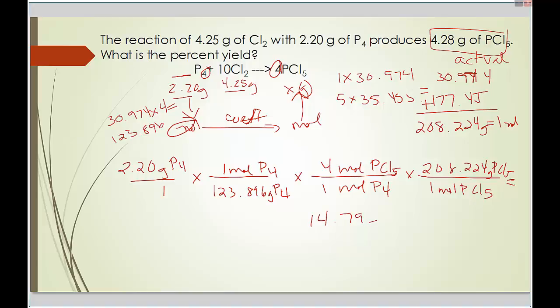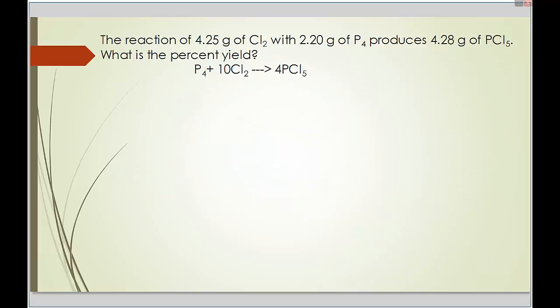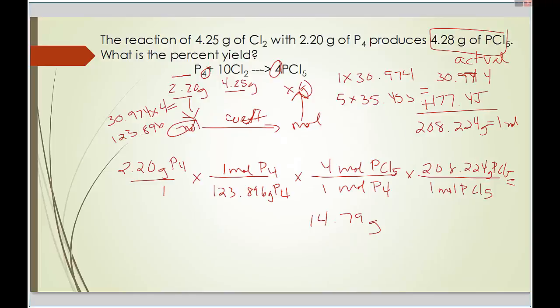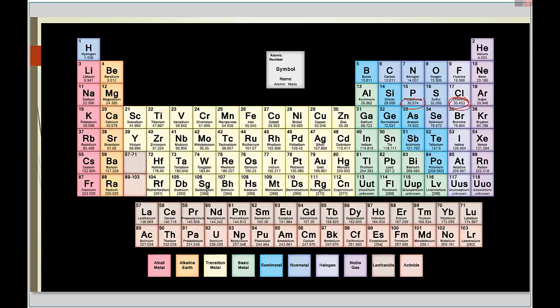Now we're going to do the exact same question, except we're going to be focusing on chlorine this time. So we're starting off with 4.25 grams of chlorine, and we're trying to figure out how many grams of PCl5. So I see grams. In order to get to moles, I need to look at the molar mass of Cl2. When I look at the periodic table, it's 35.453, or 35.5.